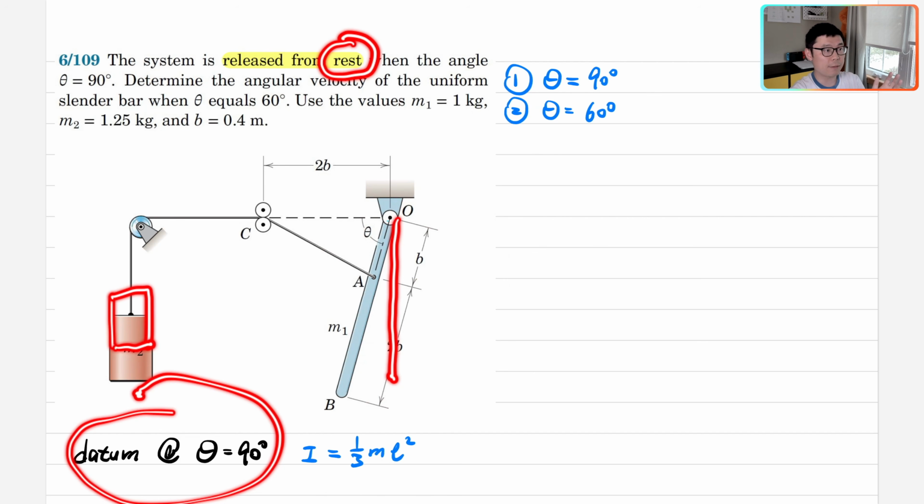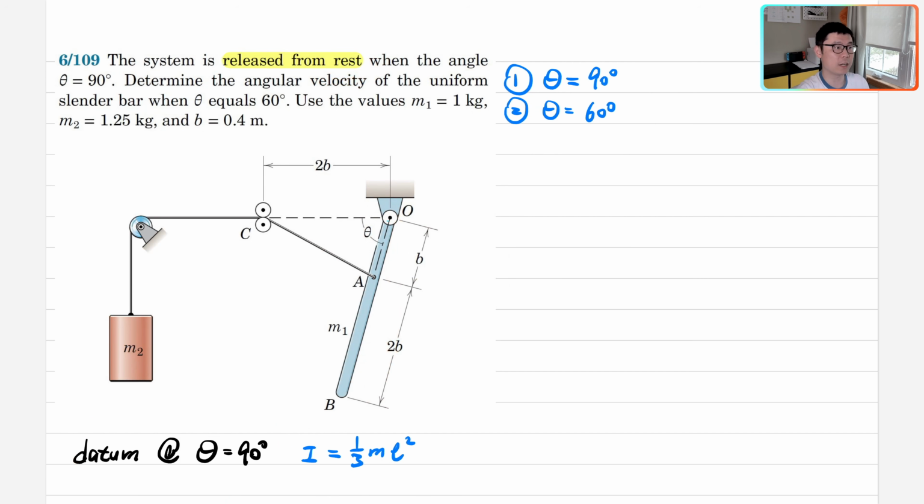In this case, we don't have any springs, so the only potential energy is gravity. So the gravity potential energy when theta was 90 degrees is zero, and because we start from rest, your kinetic energy at the beginning is also zero. So looking at the system level, we start with T1 equals 0 and V1 equals 0.